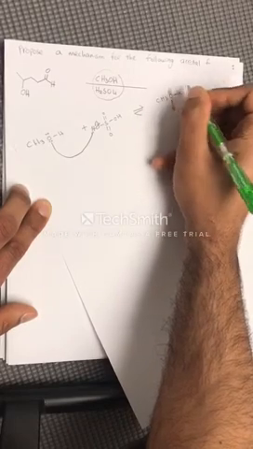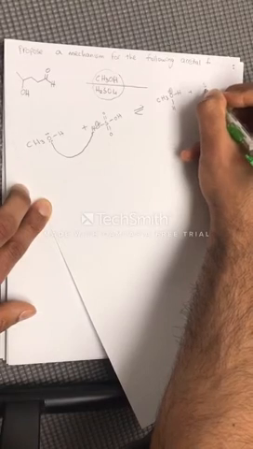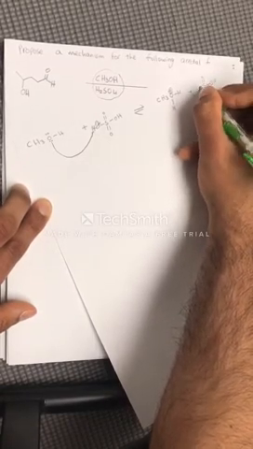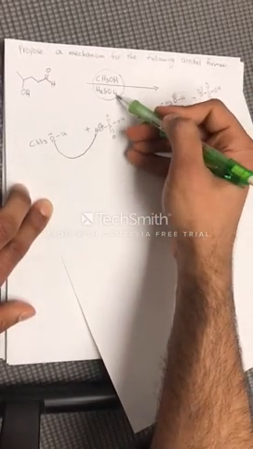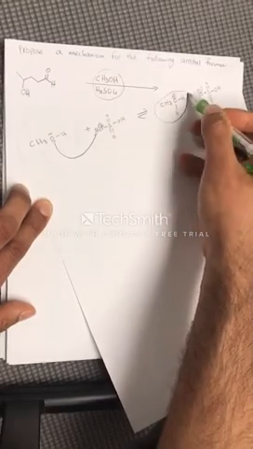This is an oxonium ion, and the conjugate base. So in other words, when you take methanol and put it in sulfuric acid, you're basically making this oxonium ion.